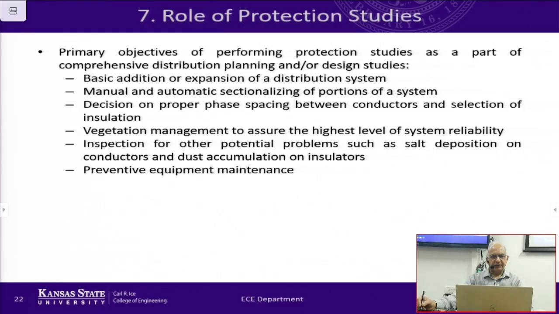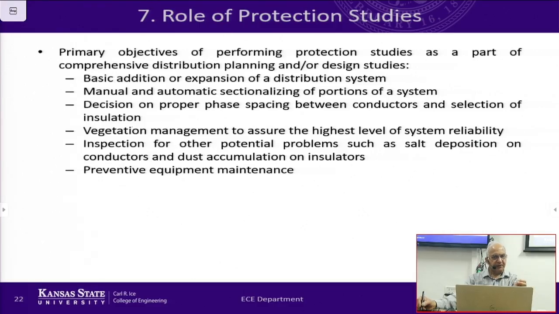Again, this could be addition or expansion of a distribution system, and it could be based on proper phase spacing between conductors and selection of insulation. Vegetation management, like for example, sometimes the lines are too close to trees, so you have to cut trees because that also impacts protection.